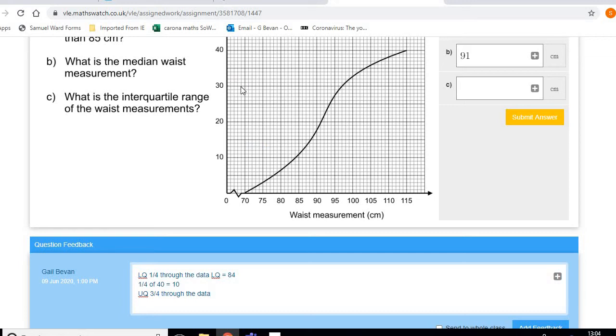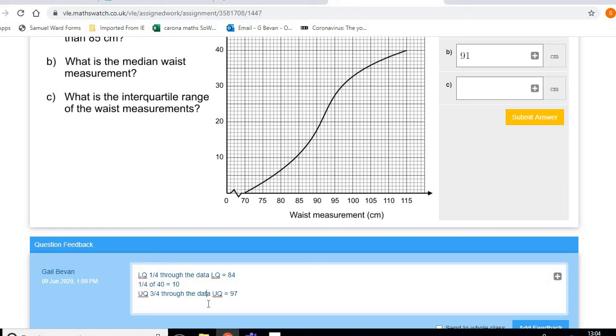I would do a line across from 30 to the curve, down to the x-axis, which is 97. So the upper quartile equals 97. So we've got the lower quartile and the upper quartile, a quarter of the way and 3/4 of the way through the data.